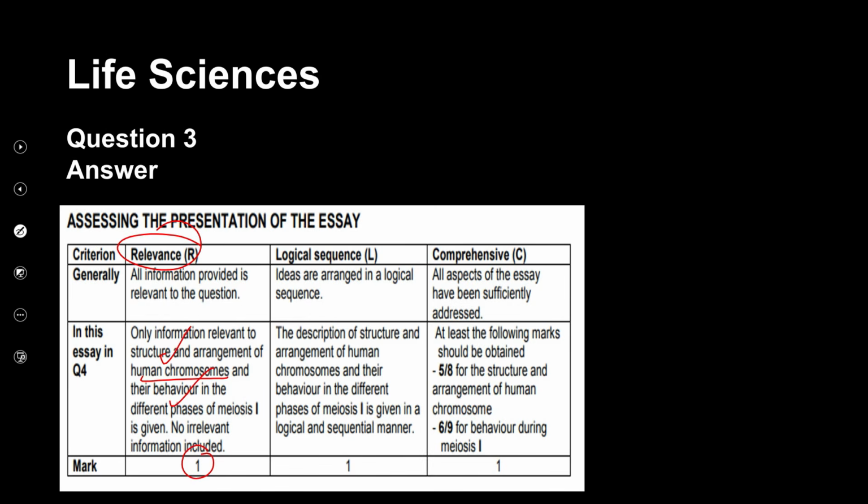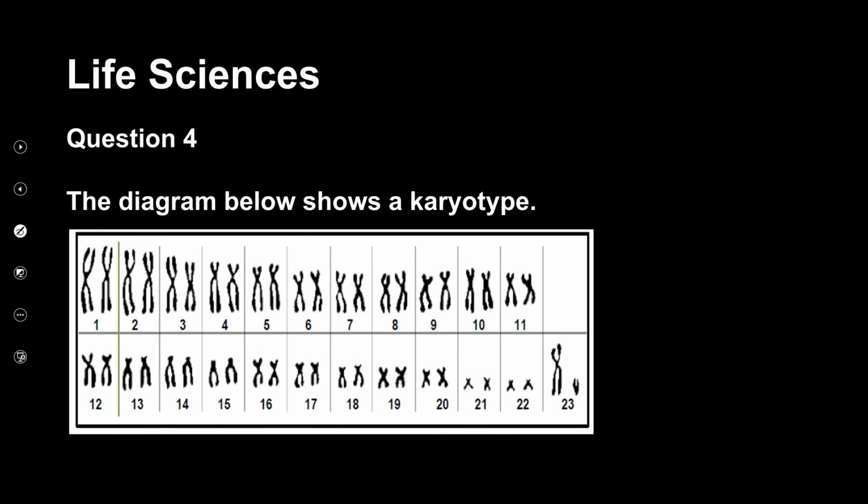That will give you the 1 mark. In terms of the logical sequencing of your information, it's important that you're able to logically lay out your information in terms of the sequence of events that happen in meiosis 1. And then finally, in terms of how comprehensive you were, in terms of the number of facts for each part of the question.